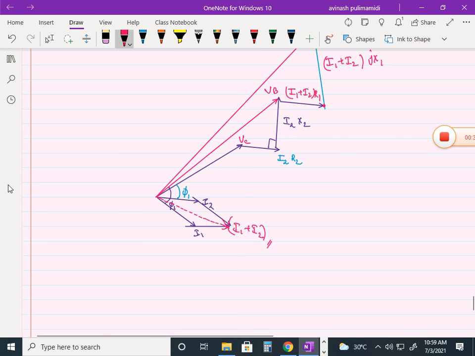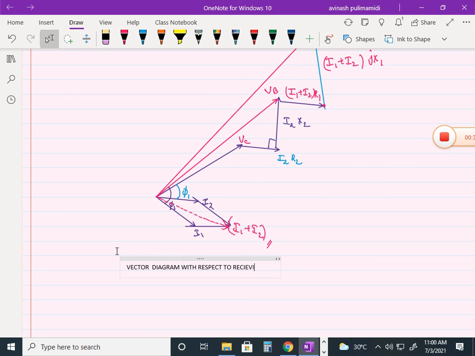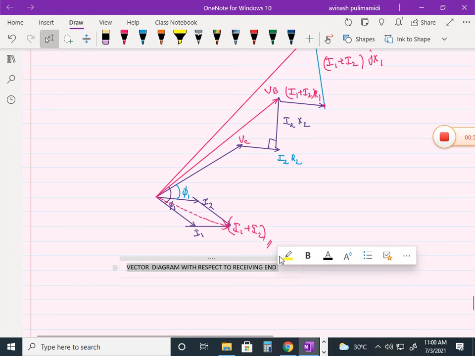So this is the vector diagram with respect to receiving end. Okay. Hope everybody understood now.